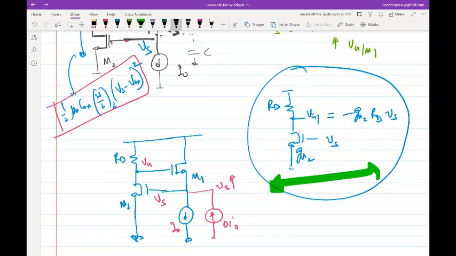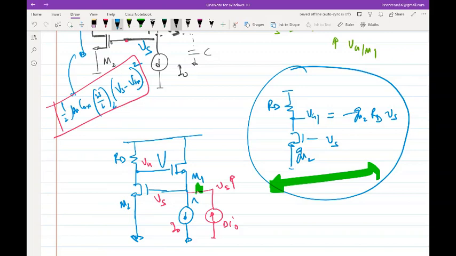If this voltage increases by a certain amount, this voltage will decrease by a bigger amount. So in other words, the way I have drawn the incremental circuit, in the total sense I am trying to reduce the current through M1.